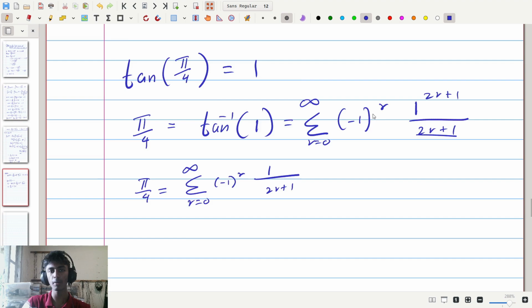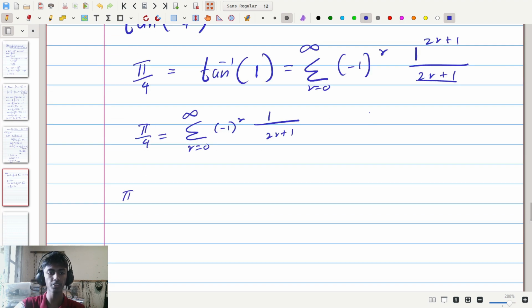If we write this sum out, we can see that pi by 4 is equal to, and here what we need to do is send r starting from 0 up to infinity. So we need to substitute r equal to 0 into this expression, then r equal to 1, then r equal to 2, r equal to 3, and so on. Add all of those terms together, and that is going to be equal to pi by 4.